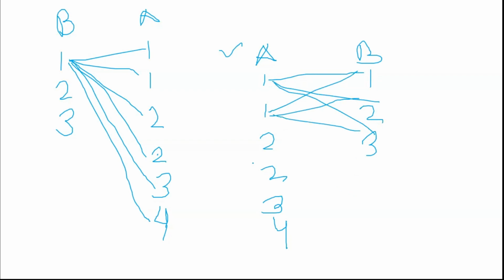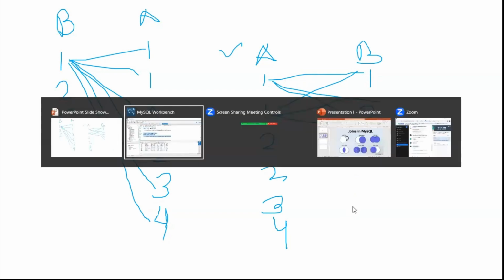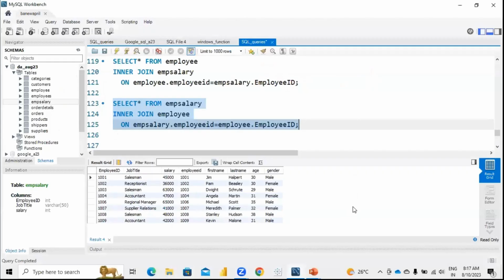Okay. So that's the difference. So in those combinations, sometimes there will be variations. That's why whenever you are interchanging the tables, you will find the variations sometimes.